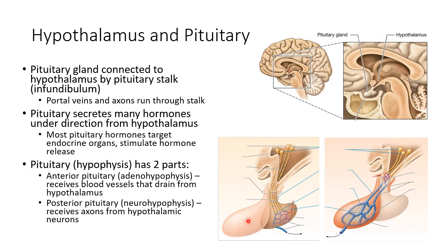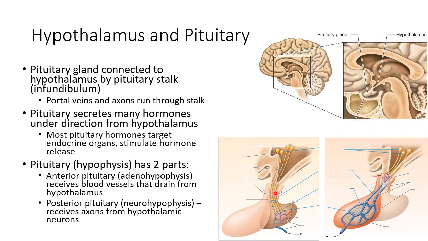In the anterior pituitary, you actually have blood vessels that are coming from the hypothalamus and draining into the anterior pituitary. Oh yeah, they're shown over here. All right, so here are these blood vessels coming from the hypothalamus and then traveling to the anterior pituitary. So the only real connection between the hypothalamus and the anterior pituitary is these blood vessels. For the posterior pituitary, you don't have blood vessels connecting them.